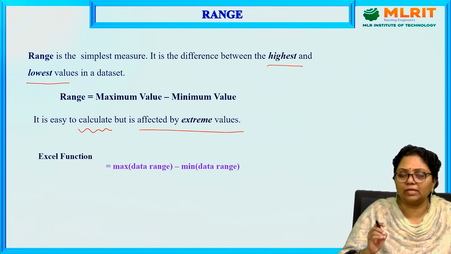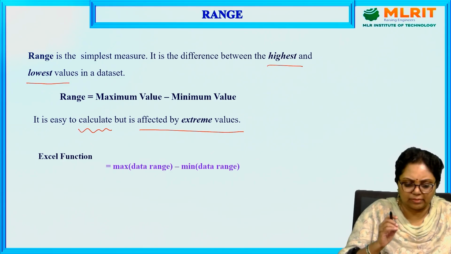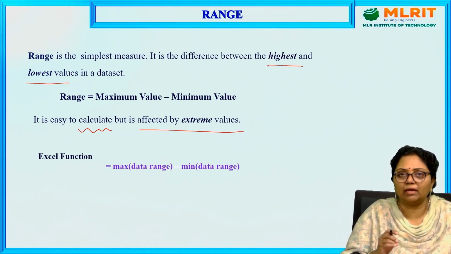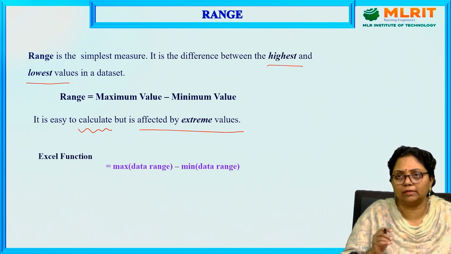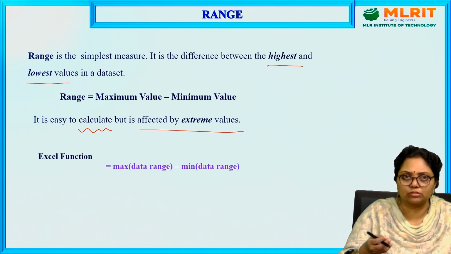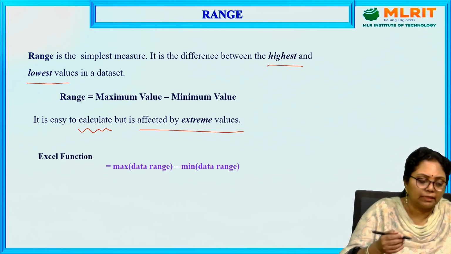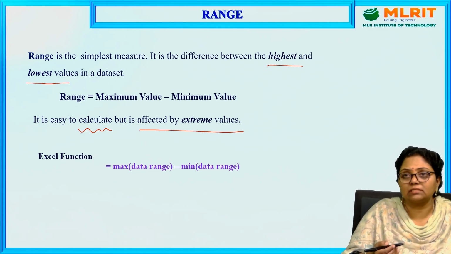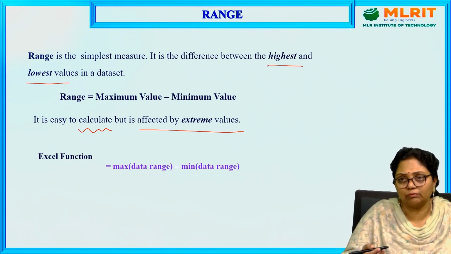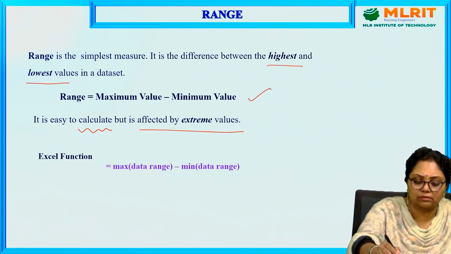For measures of dispersion, we have default functions in Excel, but for some measures we may not have direct default functions, and we can create a function to get the value. Range is nothing but the maximum value minus the minimum value, as in this simple formula.